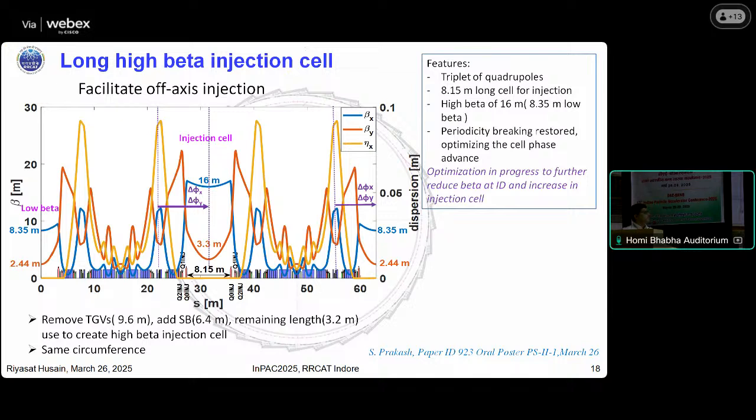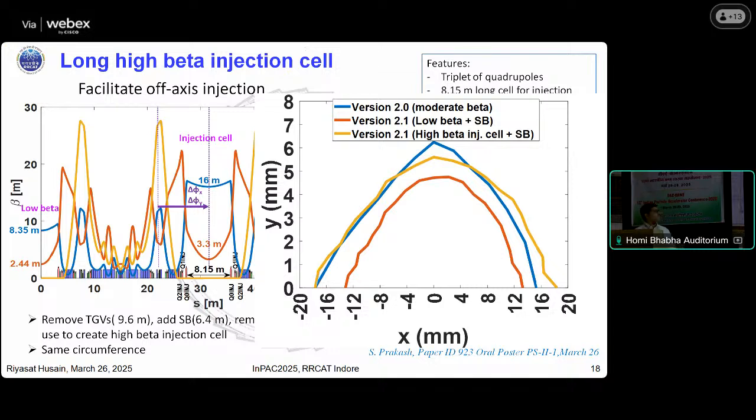And in order to maintain the periodicity of the lattice, we manage the phase advances in the low beta injection cell and the high beta injection cell to be the same, so that this lattice becomes, you can say, pseudo periodic. And this shows the dynamic aperture: when we have a moderate beta function, lattice version 2, it is sufficiently high.